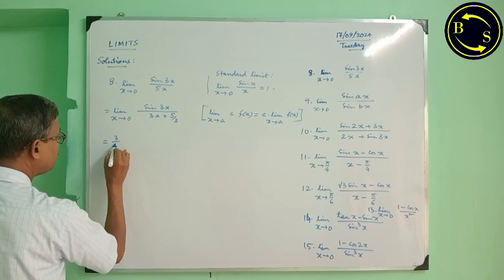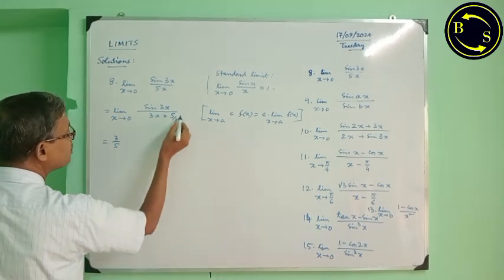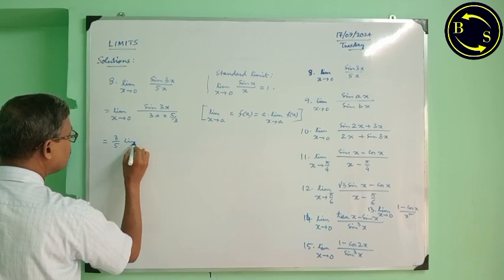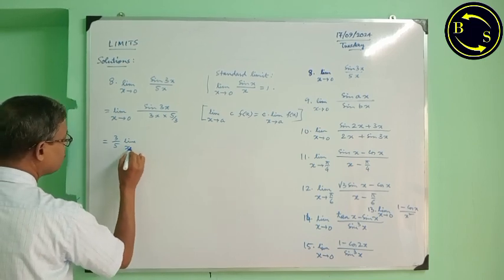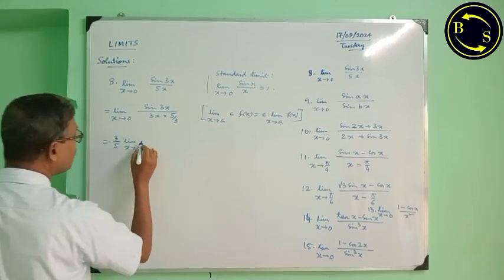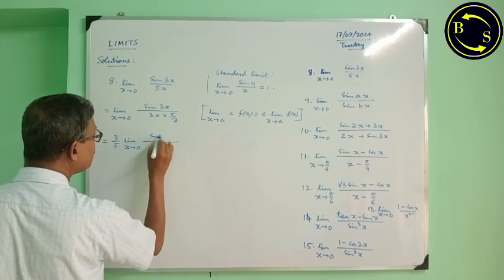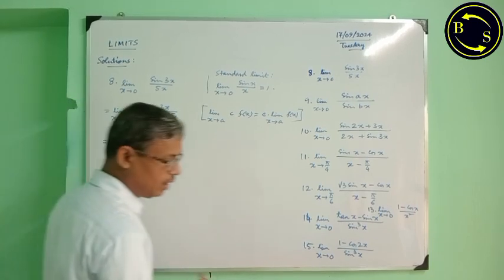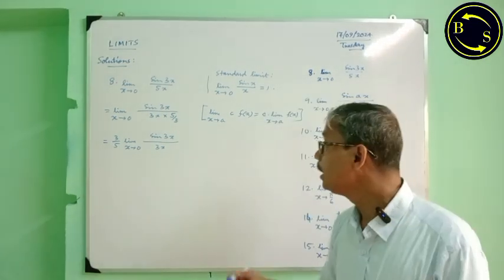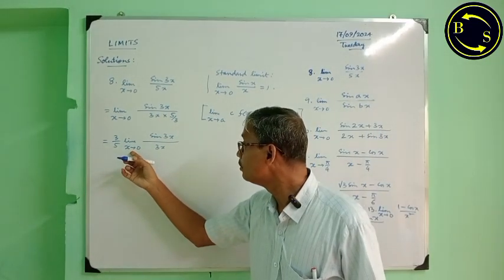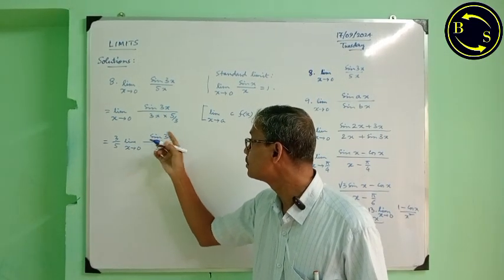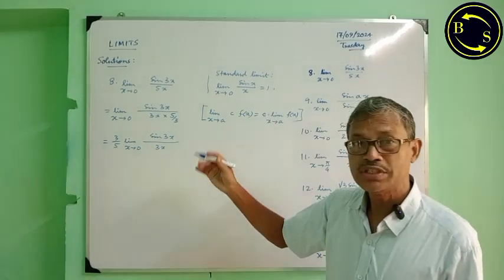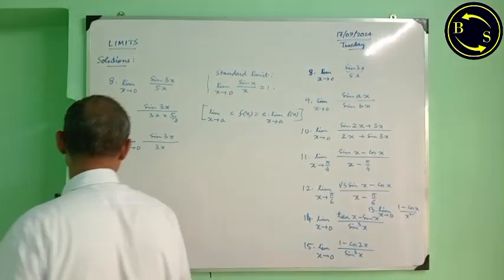Then 3 by 5 is the constant one. I take it out. Limit x tends to 0, sin 3x by 3x. Now we see limit x tends to 0, but here the angle is 3x. To get the standard form, we change the variable like this.